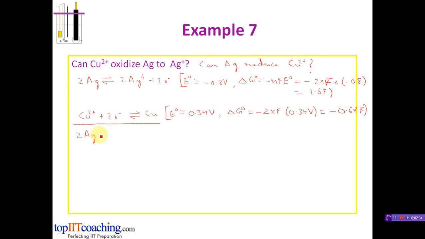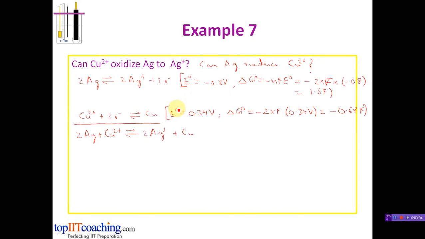The overall reaction, which we can obtain by adding these two reactions, will be 2Ag plus Cu2+ will give 2Ag+ plus Cu. I hope you can recall that we discussed that delta G0 is an extensive property.